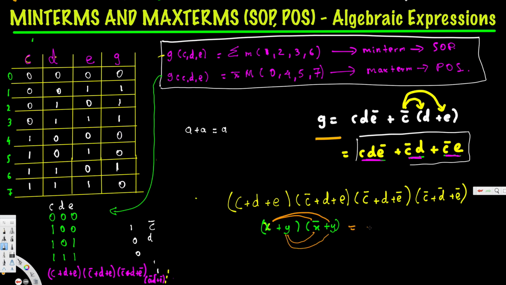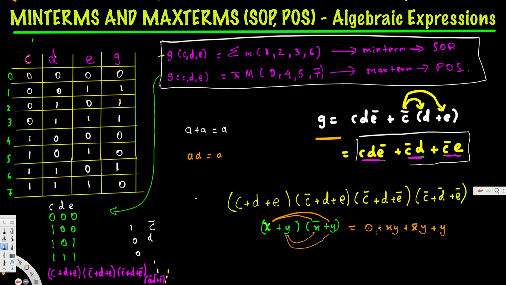X times x bar, that's going to result in 0. And x times y is xy, and then y times x bar is x bar y, and then y times y is just y, because when you have a and a, that's going to result in a: if it's 0, it's 0, if it's 1, it's 1. So the result depends on a, therefore the final answer is going to be a.